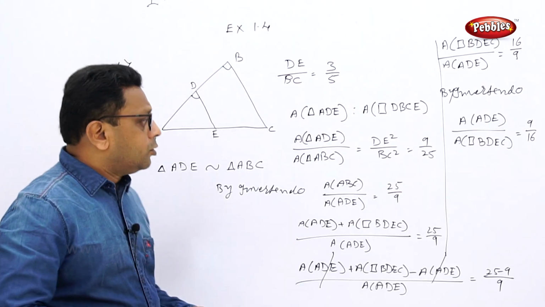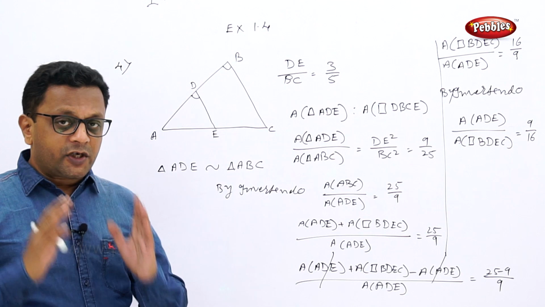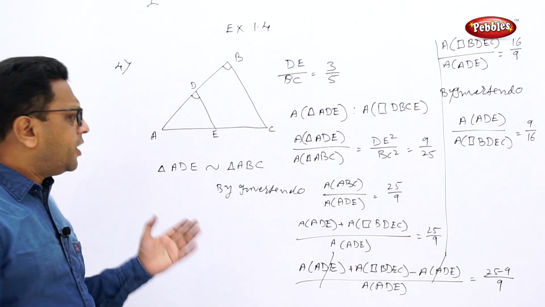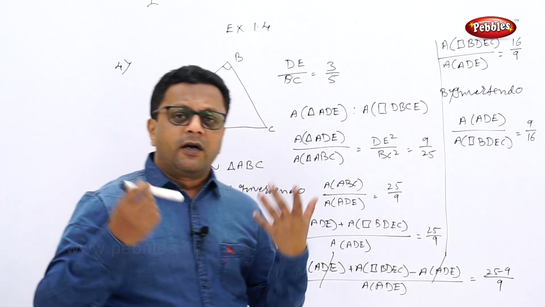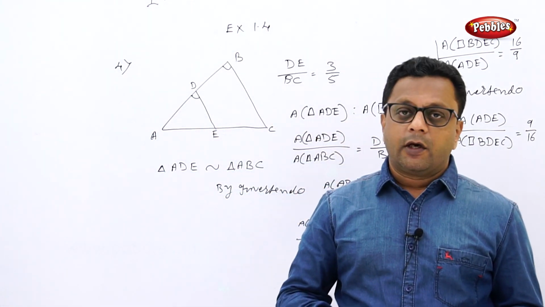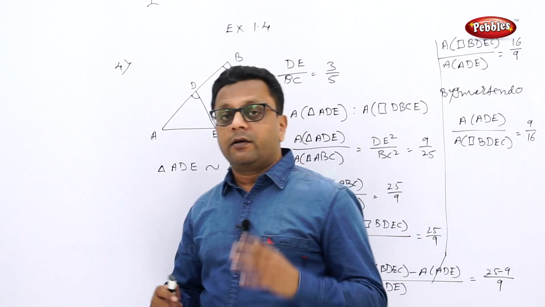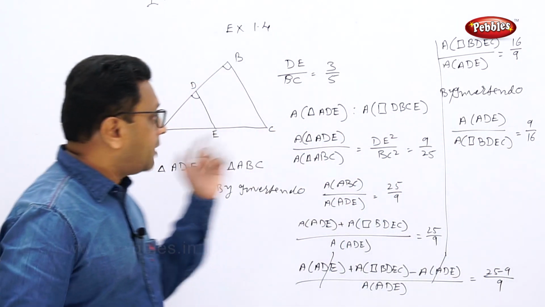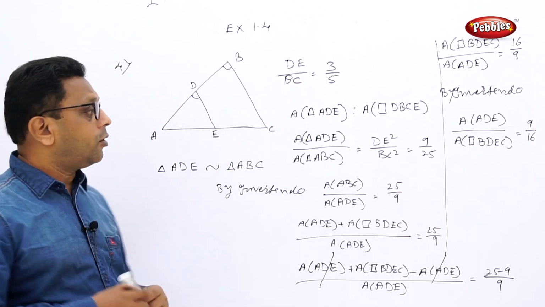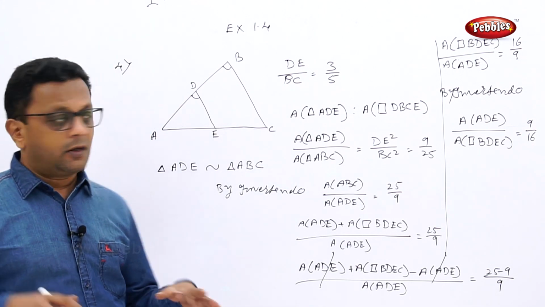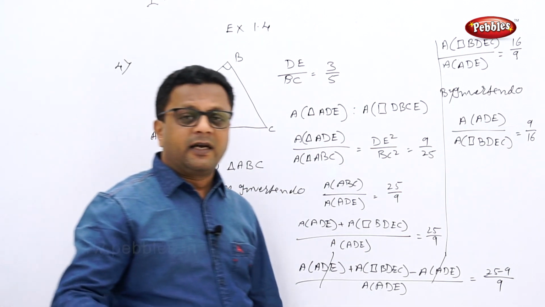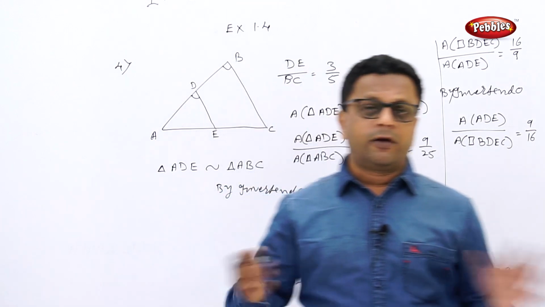Okay, so the main question in the student's mind is like this: when should we use invertendo and dividendo, and why? Okay, as in the case of the similarity chapter, I told you that unlike other chapters, here you have to use all your basic knowledge, like your corresponding angles between the parallel lines, and then the invertendo, dividendo, everywhere.